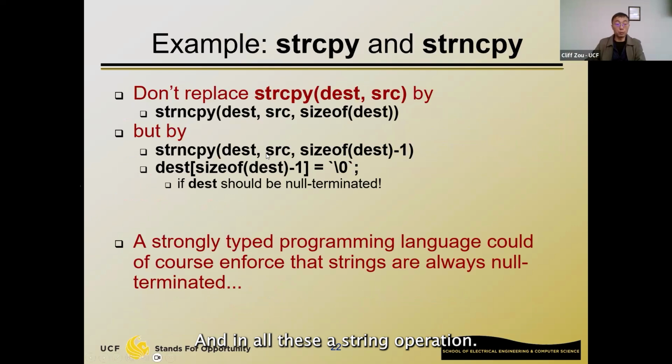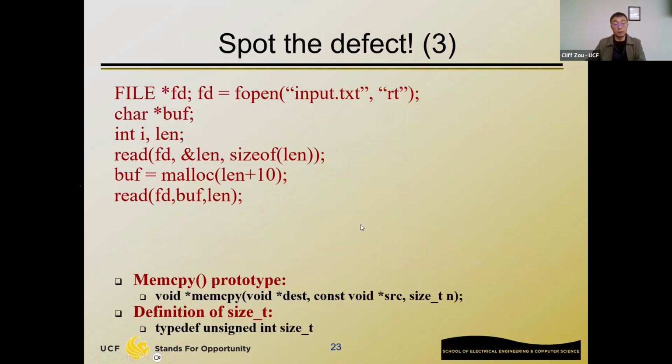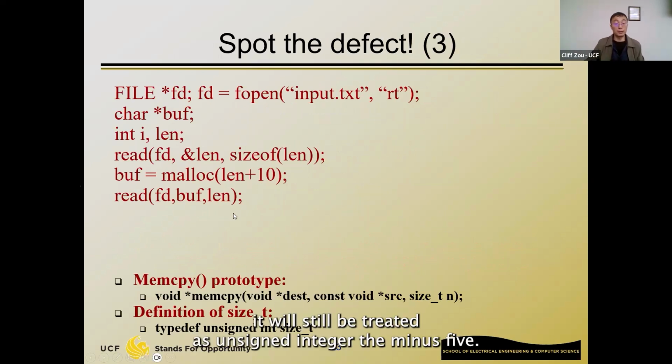In all these string operations, this n is always treated as a positive value. So if you input a negative value here, it will still be treated as a size_t type. size_t is an unsigned int. So if this length is -5, it will still be treated as an unsigned integer.